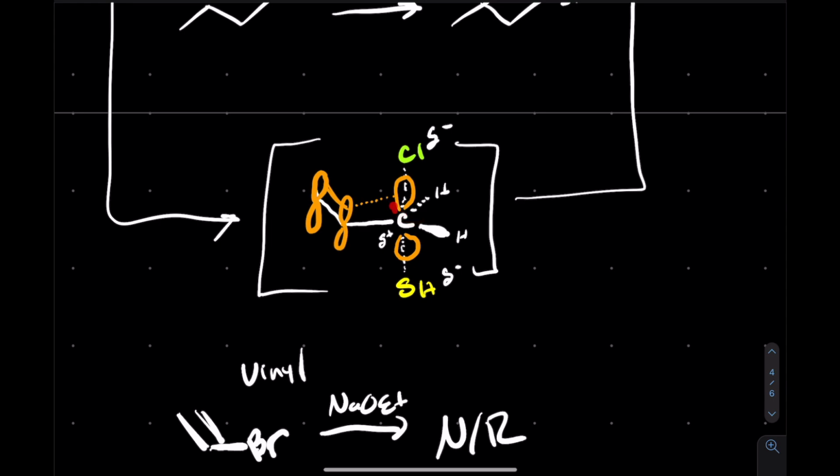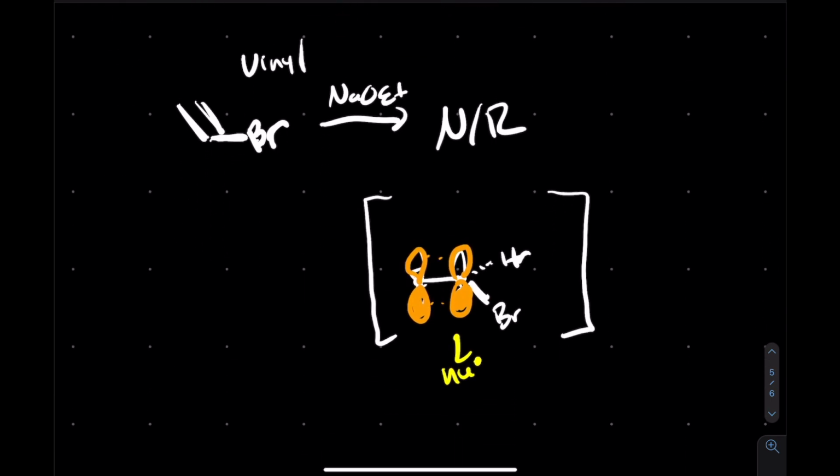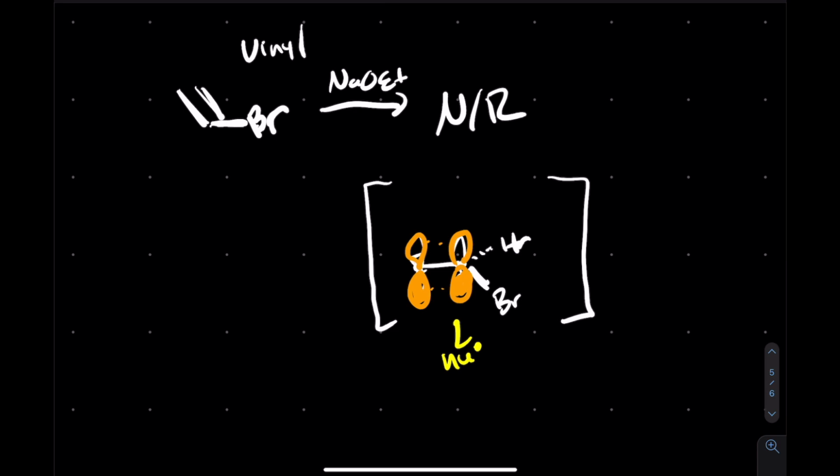I've drawn it in as a way to illustrate how these systems compete, but I can just as easily erase it. And you can clearly see that's just a typical 5-coordinate carbon. This is quite different. So nucleophiles really can't approach these sorts of systems. So this sort of chemistry where you have a leaving group, so Br, and you have a nucleophile, there's no real action of attack.